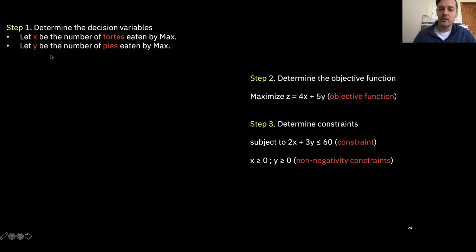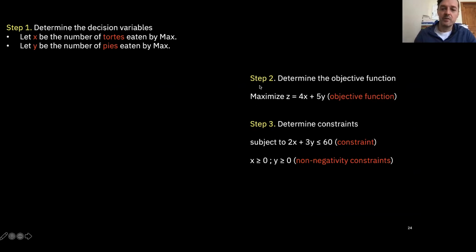And then we are determining the objective function. We want to maximize points, right? Because this is a contest. We want the optimal maximal number of points, and this is 4 points for each torta and 5 points for each pie, and this is Z, our max objective function.